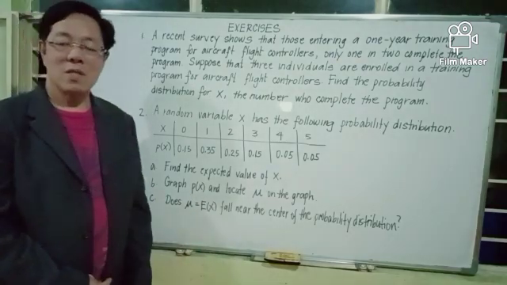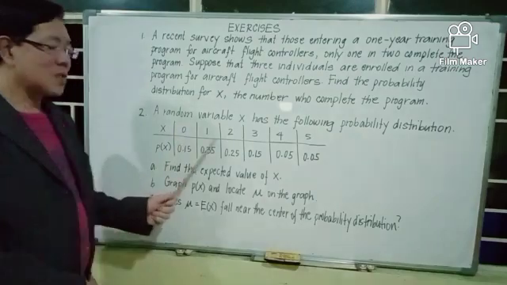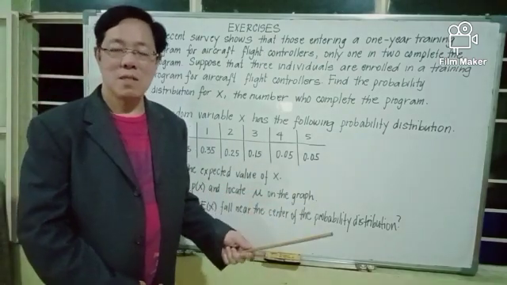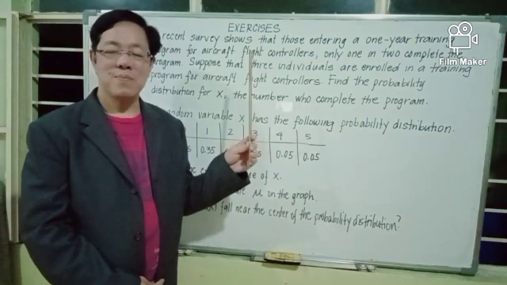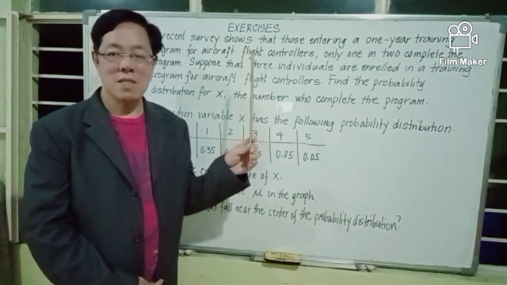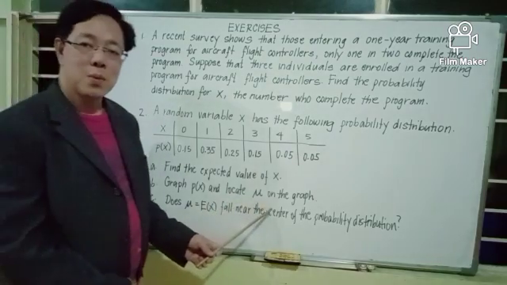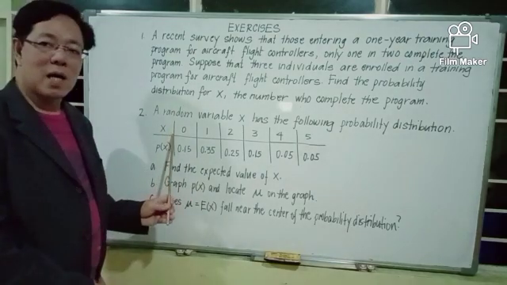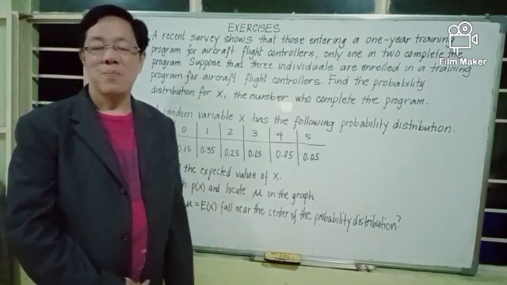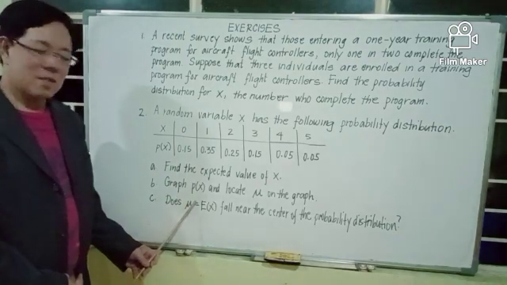Here you will construct the probability histogram where you write the values of the discrete random variable x in the horizontal axis, and you select a scale for the probabilities in the vertical axis. And you locate mu, the expected value of the discrete random variable x, in the probability histogram or graph of p of x.